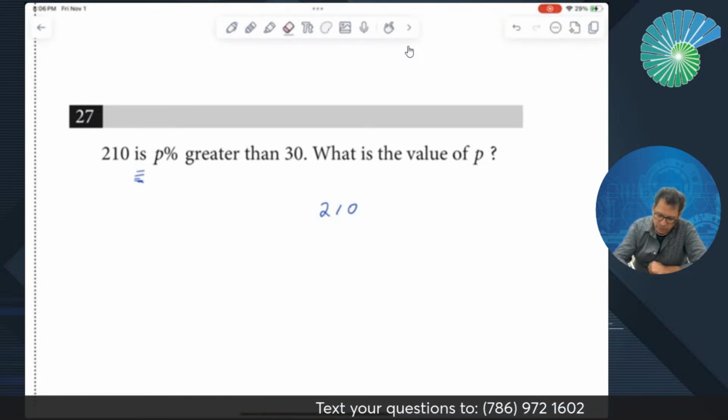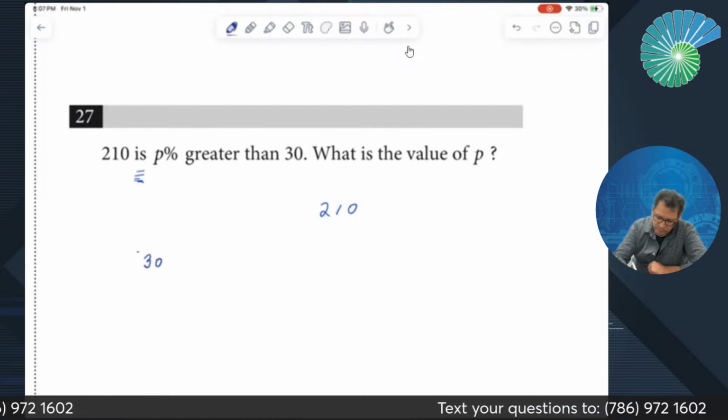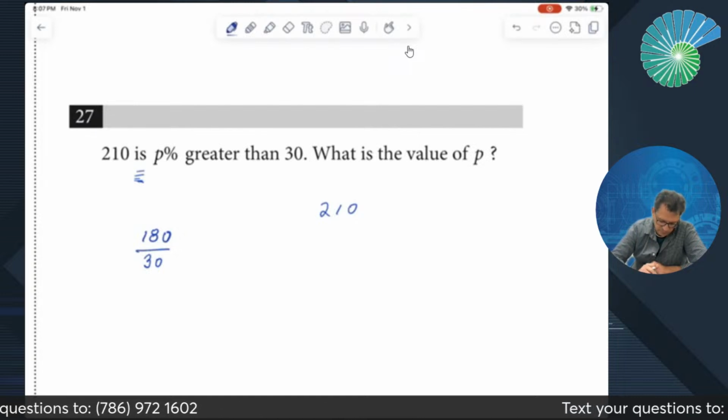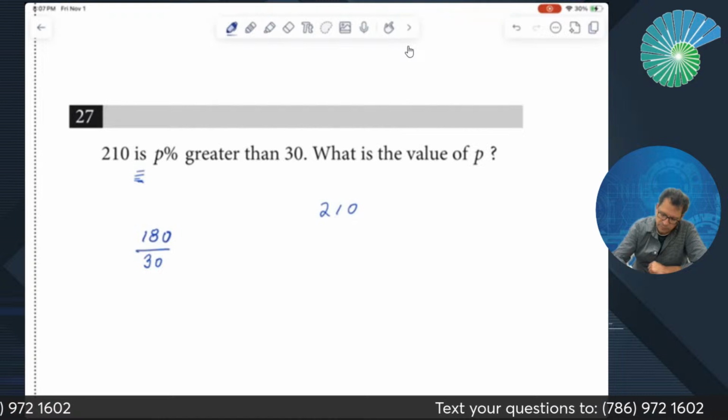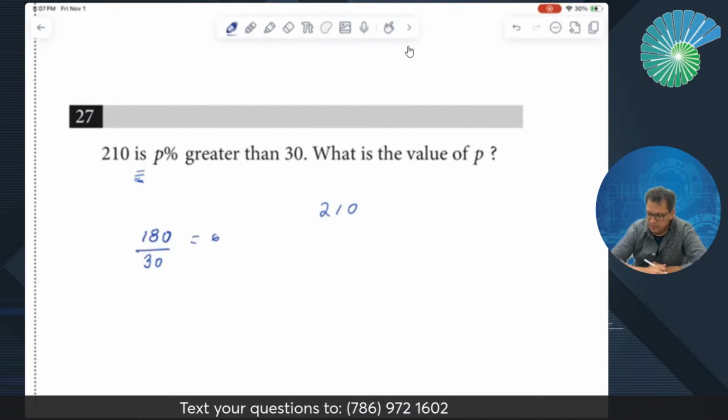So I'm going to do something else. If we divide 180 by 30, you get 6.